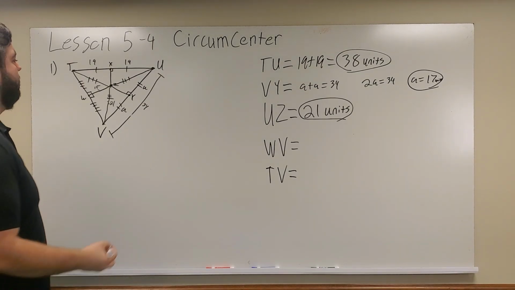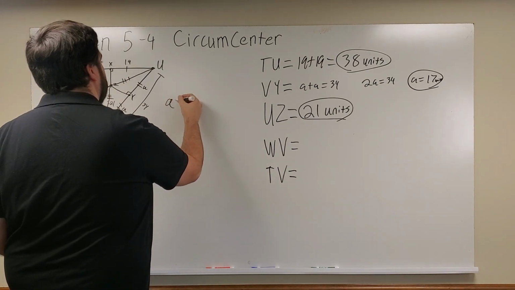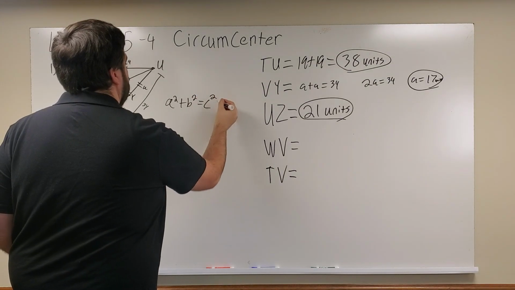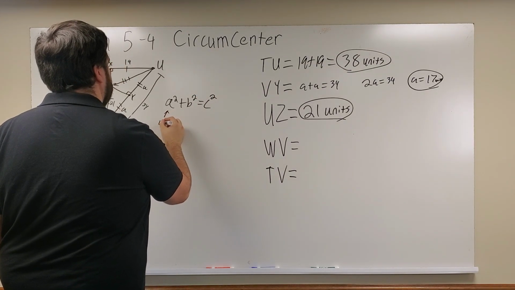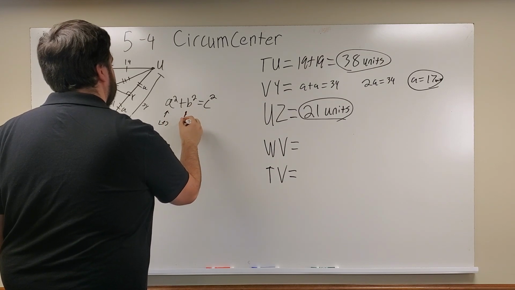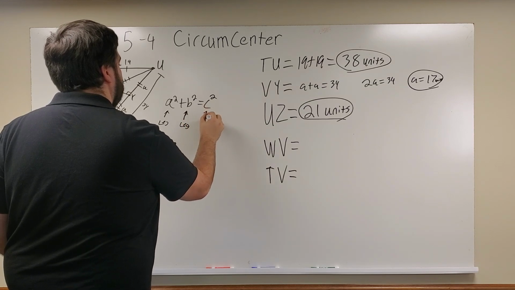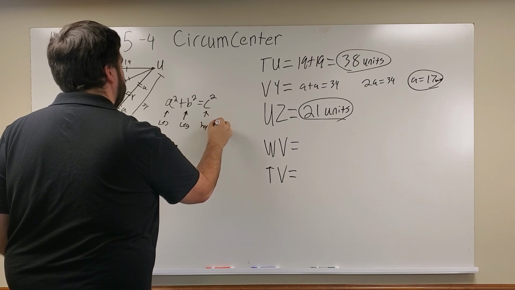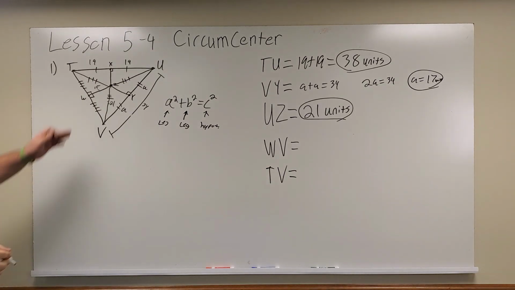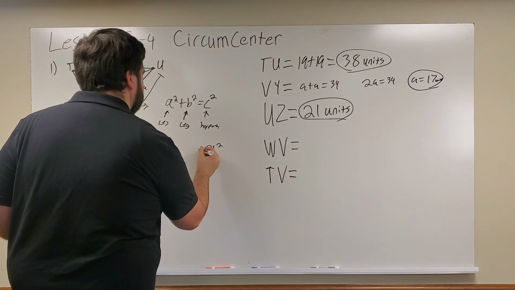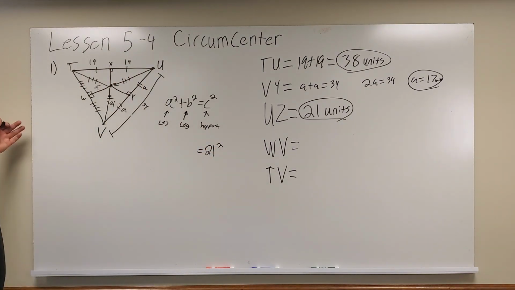Therefore, we can solve. In case you've forgotten, a squared plus b squared equals c squared, where a is a leg, b is a leg, c is our hypotenuse. All right? What's our hypotenuse? Well, that's going to be 21 squared equals. What's a leg?